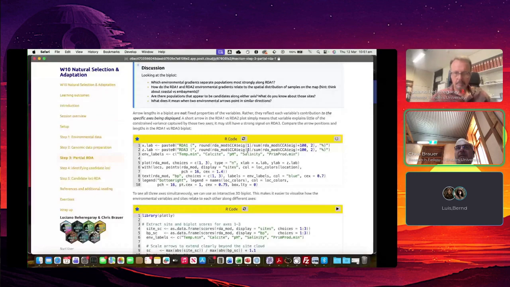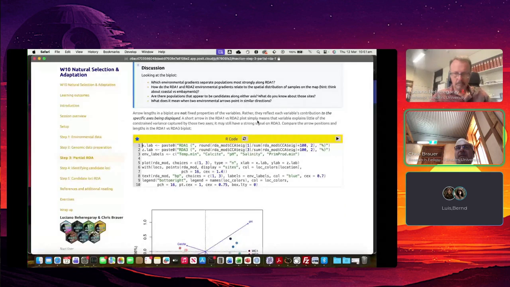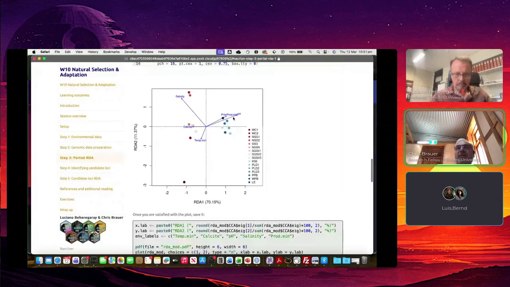That not only applies to the data points of your sampling locations, but also to the way our vectors, our environmental variables, appear on the plot. The length of these vectors represents how important it is to this view, so your first two axes.